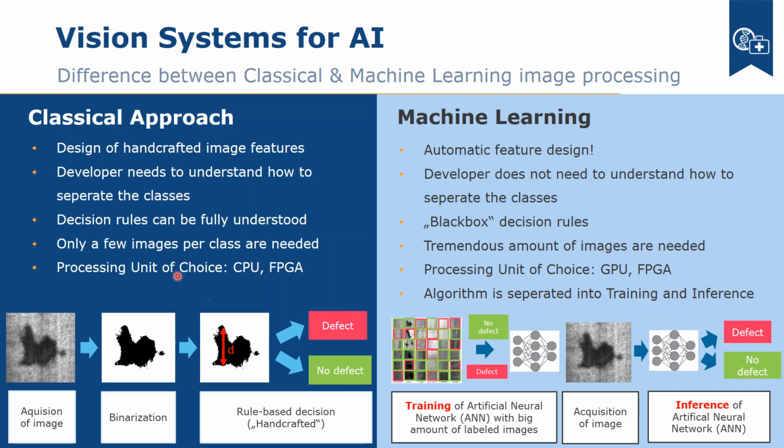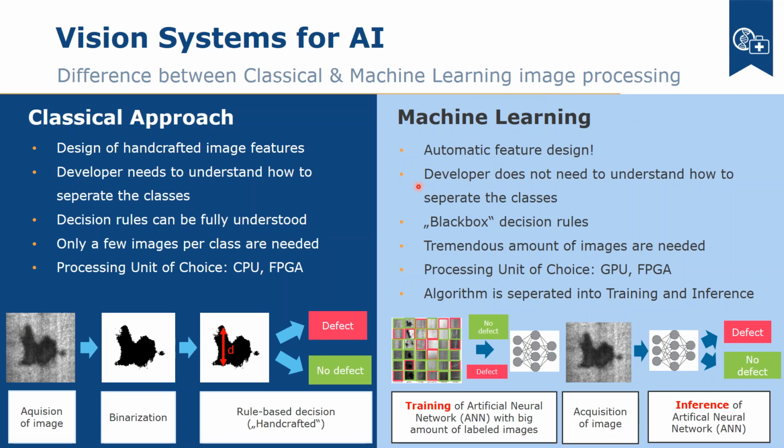This was easy and could be rolled out through the CPU or the FPGA. But you need to decide and understand the rules for why you choose this as a defect or no defect in depth. By now, with the machine learning approach, you have the ability to do an automatic feature design by the network.